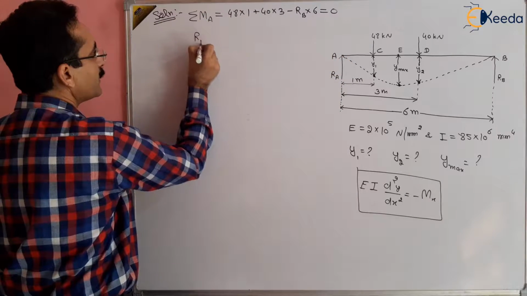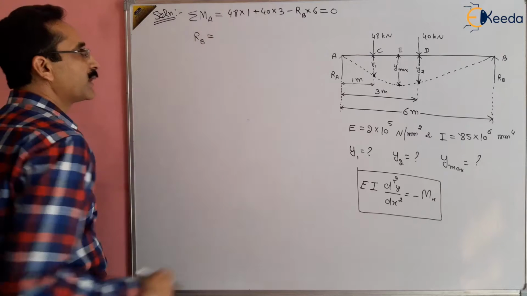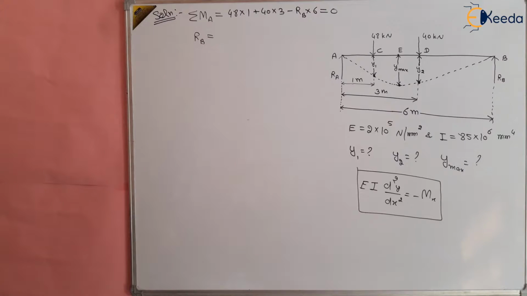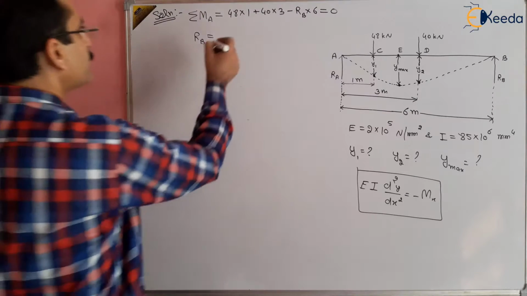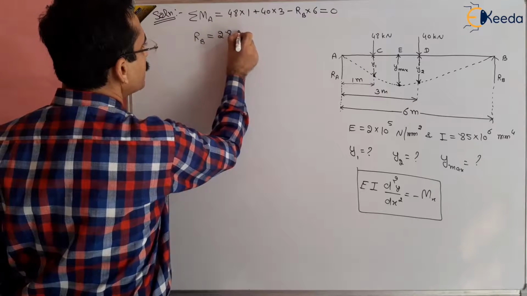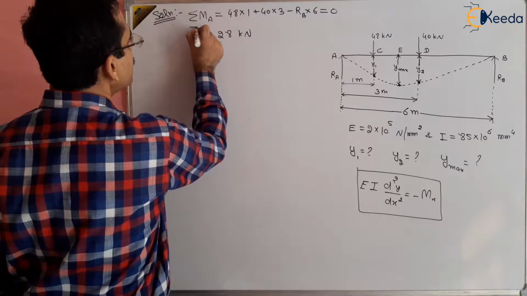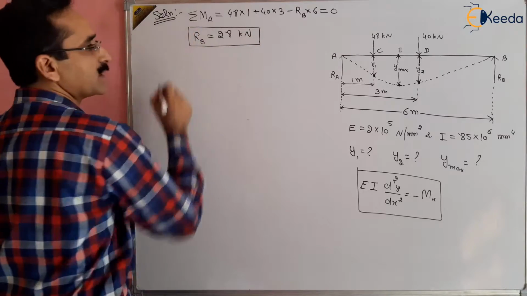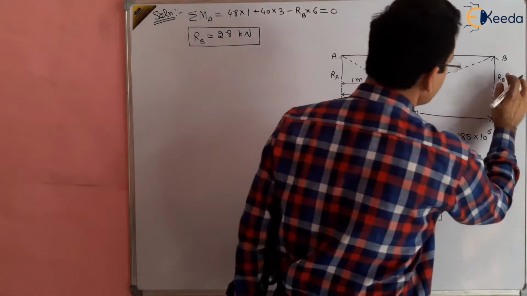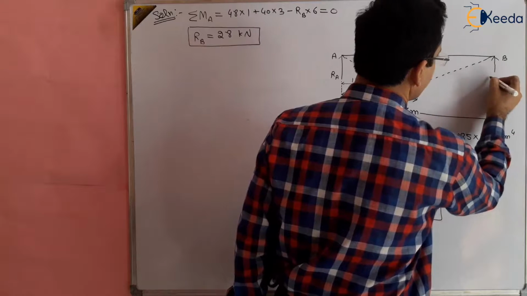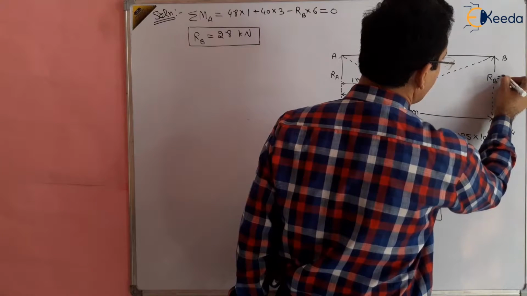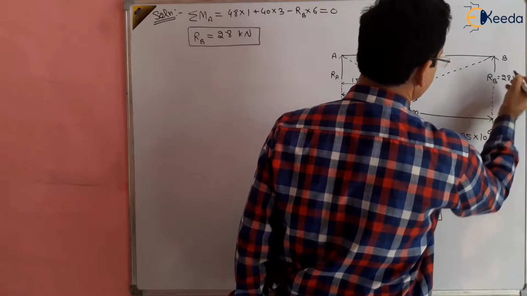Solve it and you will get the value of RB, and it will come out to be 28 kilonewton. So RB is 28 kilonewton.